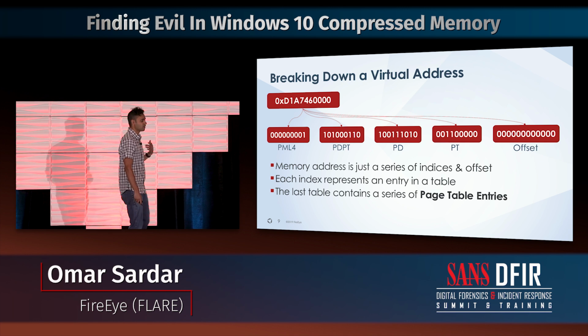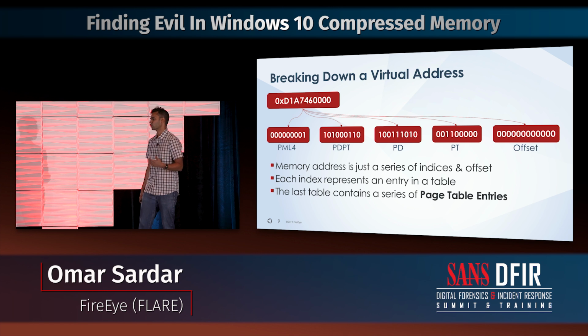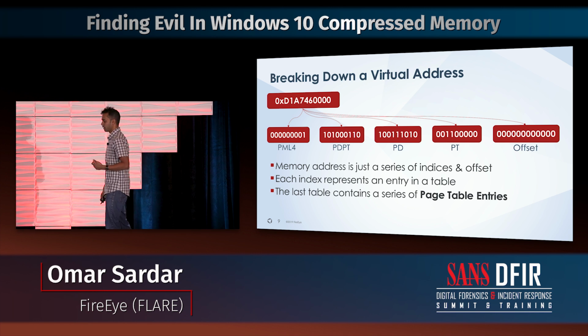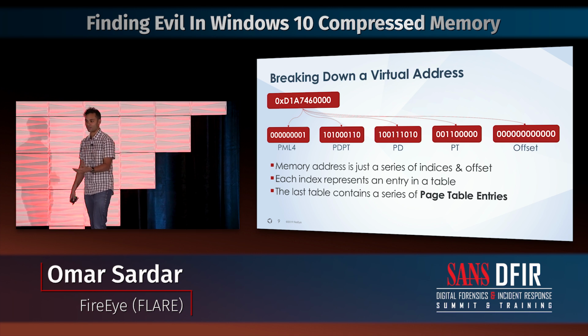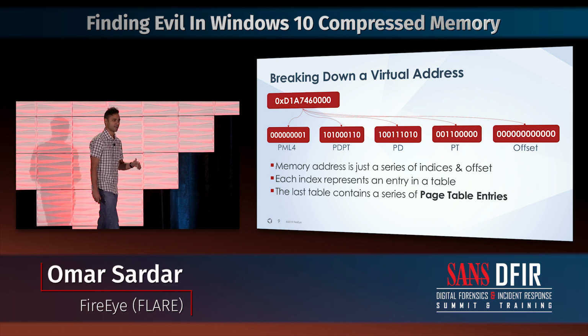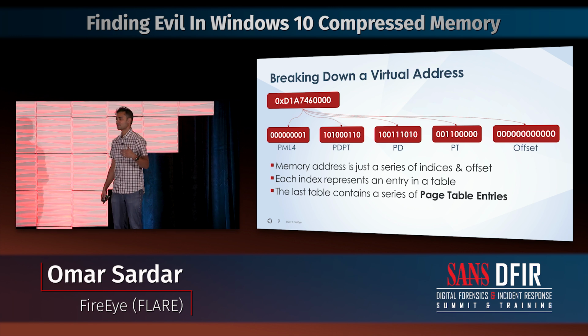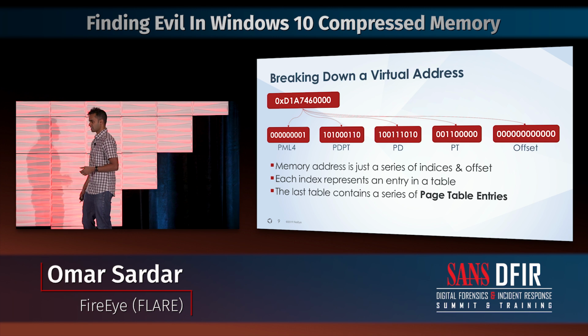So let's say me, omar.exe, is a 64-bit process, and I say, hey, kernel, give me 1 megabyte of memory to work with. I need to, I don't know, do some math on this 1 megabyte of space. Kernel says, no problem, and replies back, here, use address D1A746 followed by a whole bunch of zeros.